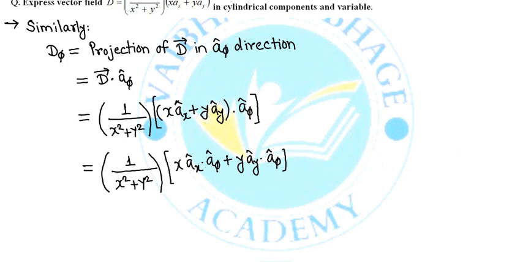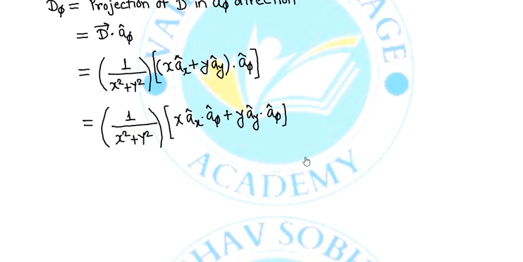Okay, now from that table you just refer to that table. So from that table, what do we have for the dot product between ax and phi? Very firstly we are going to keep this first bracket as it is. Now we are going to keep this x as it is for now. What is the dot product between ax and a phi?